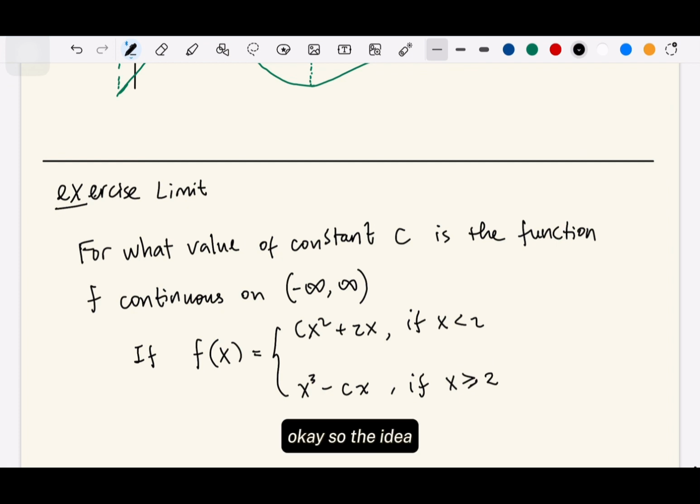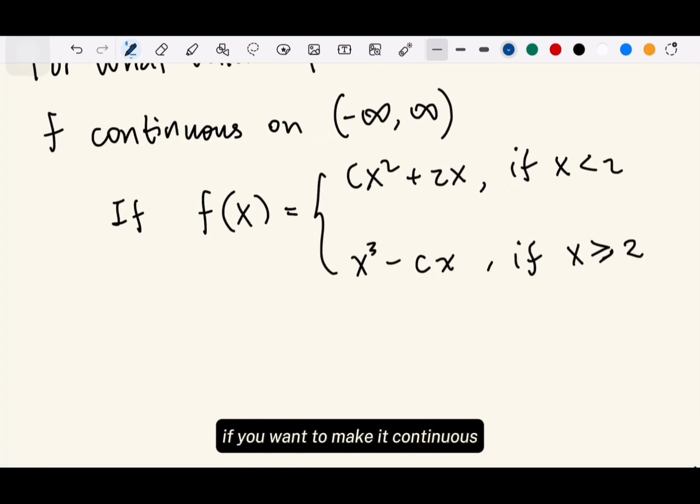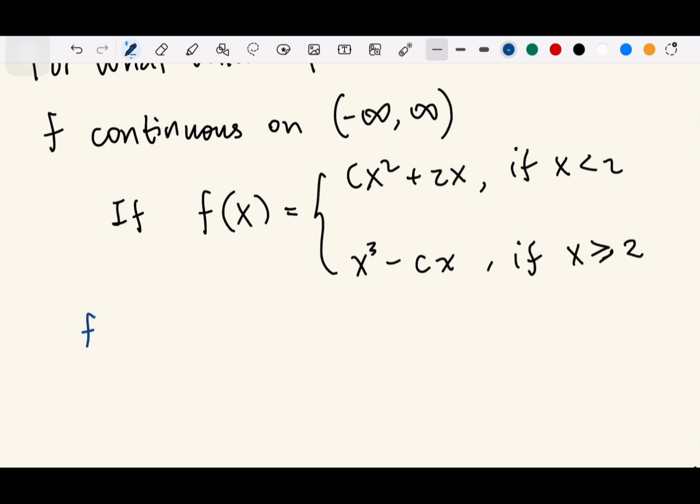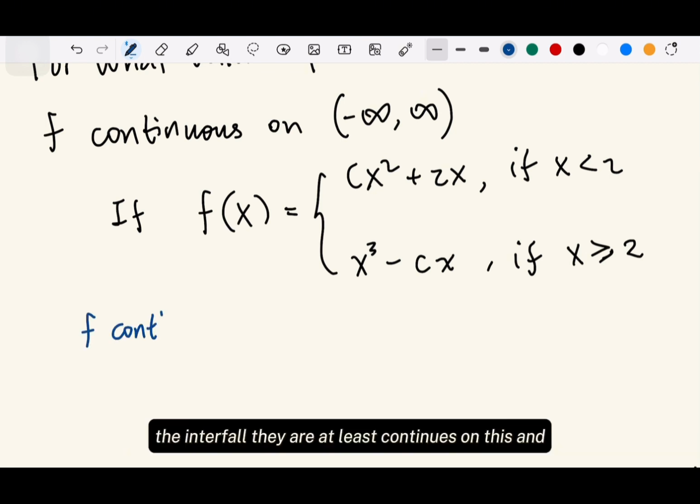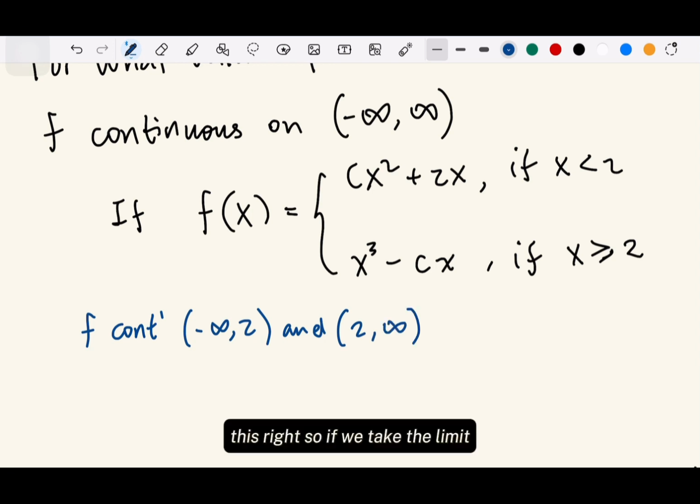So the idea: if you want to make it continuous, look at f; it is at least continuous on this interval and this interval.